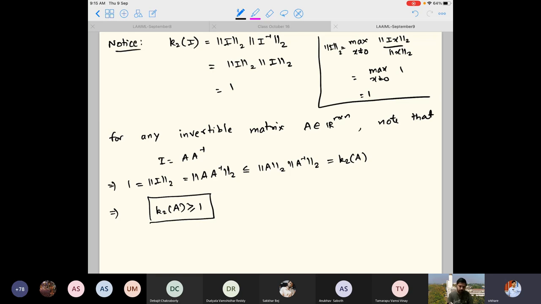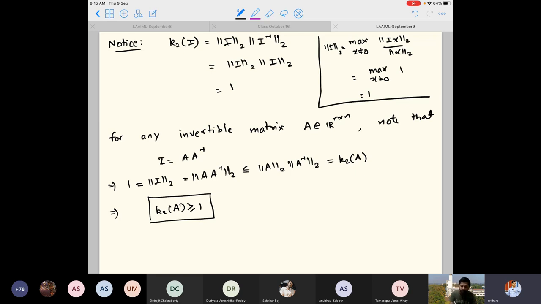And surprisingly or not surprisingly, all orthogonal matrices exhibit condition number equal to 1. So amazing property, right? The best possible condition number is possessed by the orthogonal matrices. And now you will start realizing why these orthogonal matrices play a very important role, why people always make so much fuss about using orthogonal matrices. One of the reasons is that the condition number of those orthogonal matrices is 1.